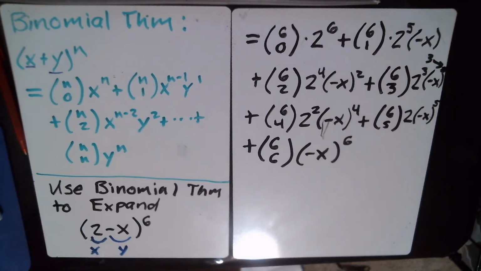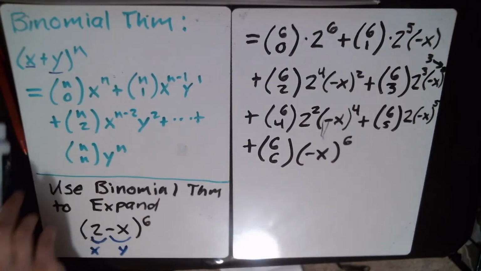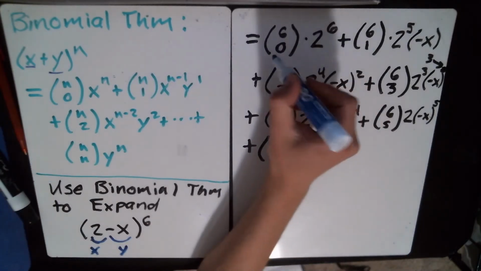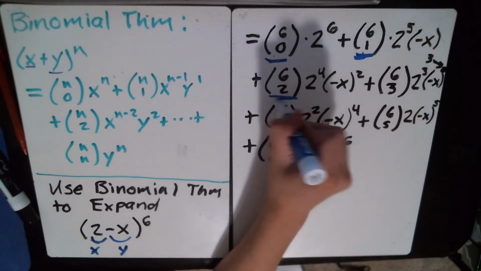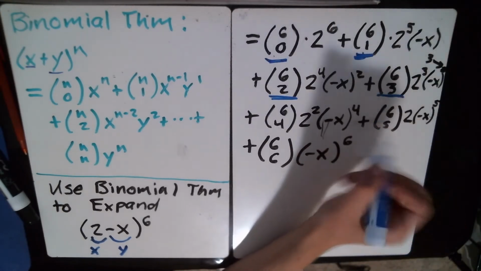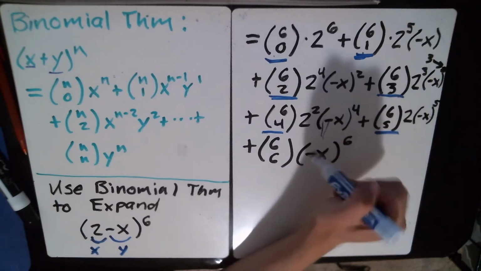But as it stands, we just have to compute all of these. Essentially this is the entire row of Pascal's triangle, right?